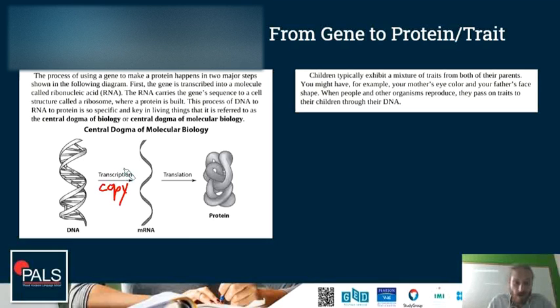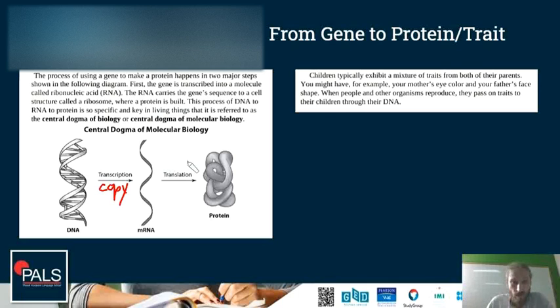This RNA is then carried out of the nucleus, where the DNA is located, and is brought to a so-called ribosome. Again, if you are not sure what these things are, the nucleus and ribosomes, there is another lesson on these cell structures where they are explained in detail. The RNA goes to the ribosome, and the ribosomes are like small factories that are able to read the information that is now located in the RNA and use that information to build a specific protein.